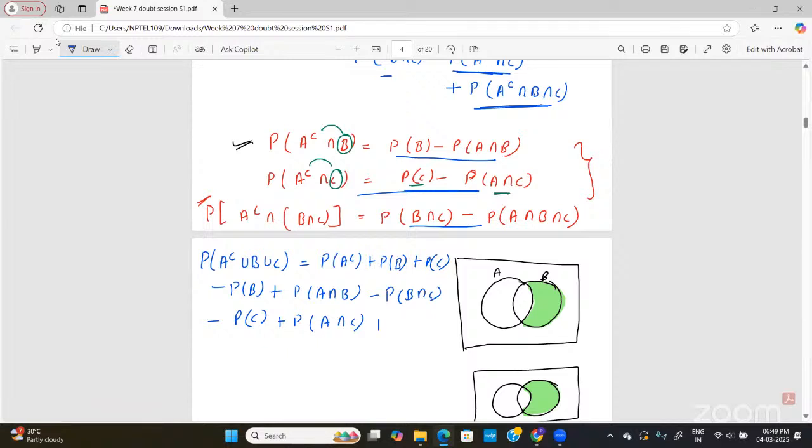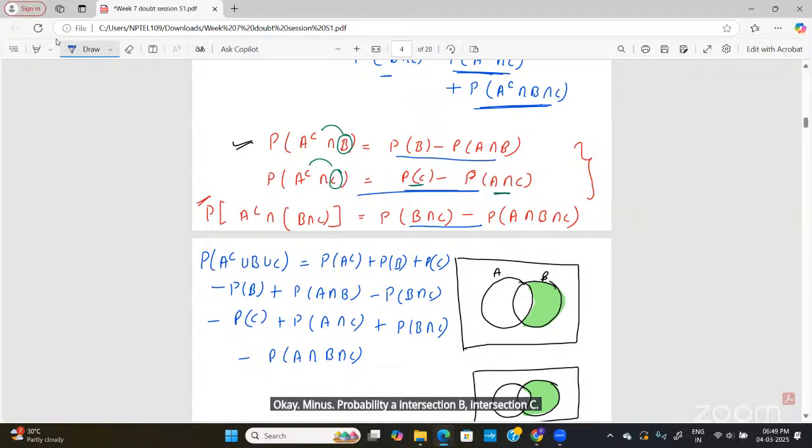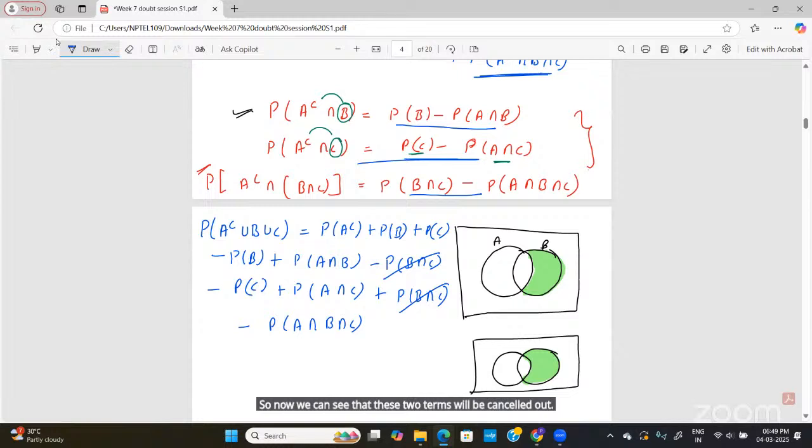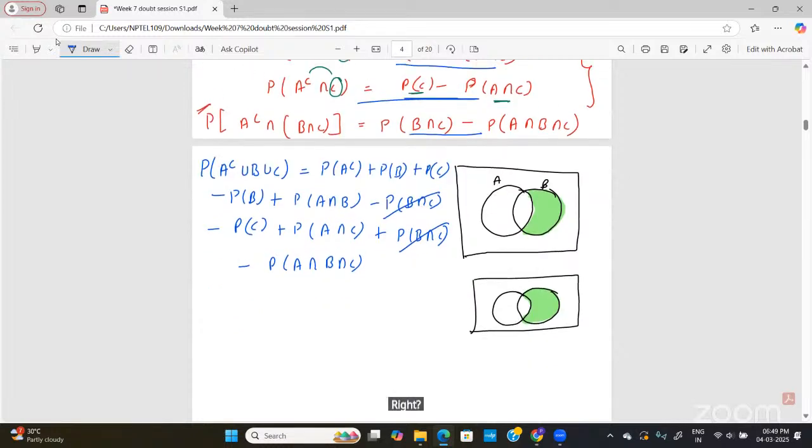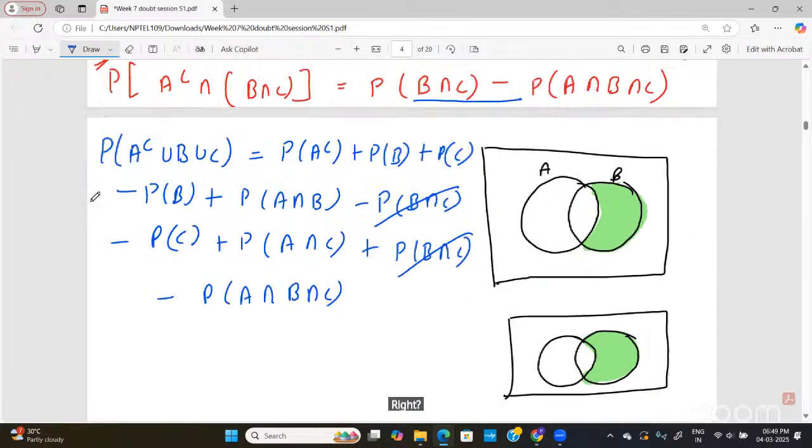It will be plus probability of B intersection C, minus probability of A intersection B intersection C. Now we can see that these two terms will be cancelled out. Is it clear to everyone?